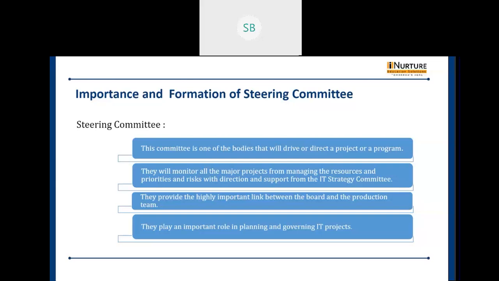In an organization, when you go for a project, money is involved in everything. If you do not have such a committee who can help you, the board members themselves will not verify what's happening in the team. Someone should report to them. There should be a middleman who gets the important updates from the strategy team and the IT team, and reports them to the board members.